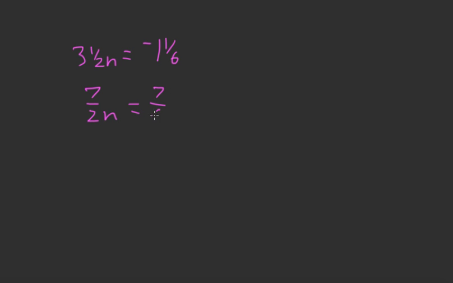Okay, all right, now we know this is 7/2 times n, so what do we need to do? Well, we need to divide by 7/2, but when we divide by a fraction, we need to flip it, times by its reciprocal, which we're doing here. And we times this by 2/7 as well.